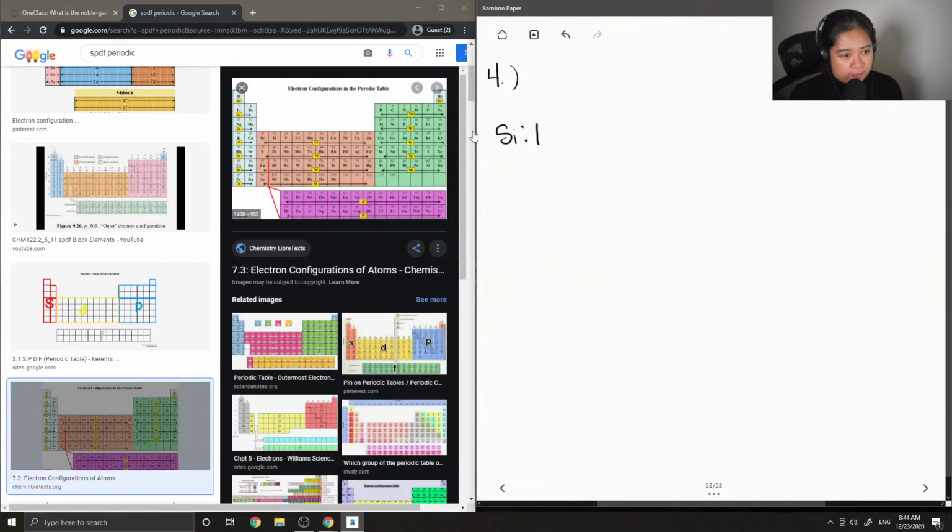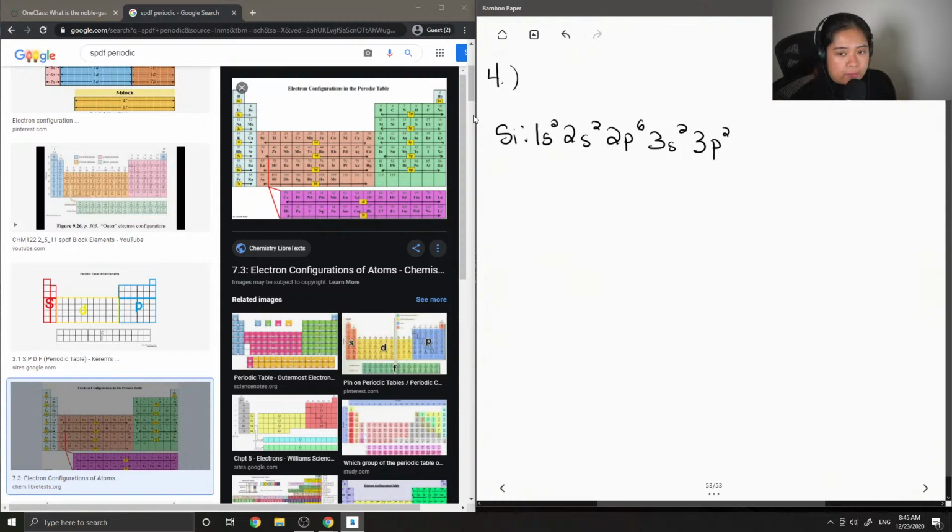So in the case of silicon, which is here, we'll start off at hydrogen and just write 1s2, and then moving down to the next row is 2s2, and then moving across is 2p6, and then down to the next row is 3s2, and then lastly for silicon we count 1, 2, so then it's just 3p2.